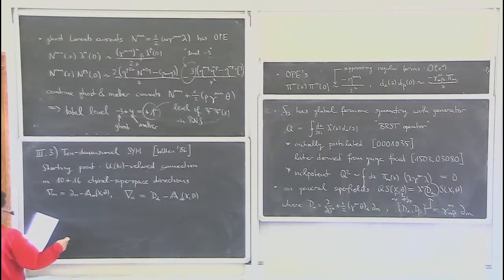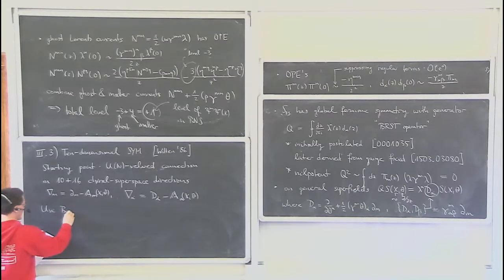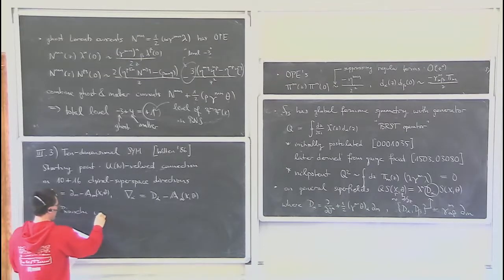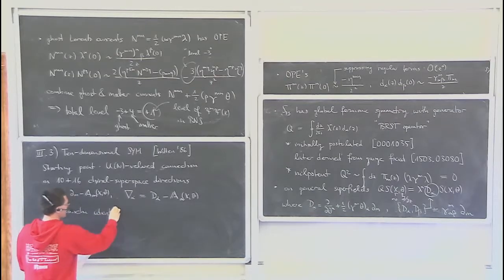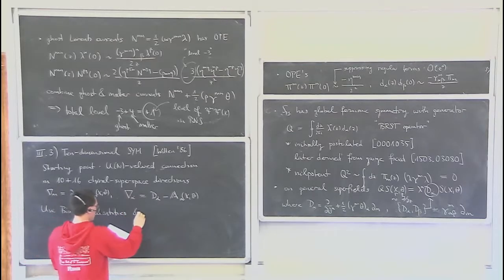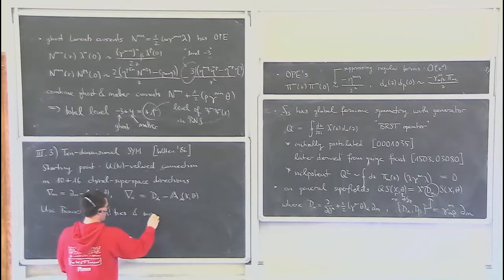Okay. So these are the actors. Let me now put the theory on shell. And it turns out with these connections, there's a very slick way to put the theory on shell. We just need minimal input, namely Bianchi identities or Jacobi identities, and we need to impose one equation.